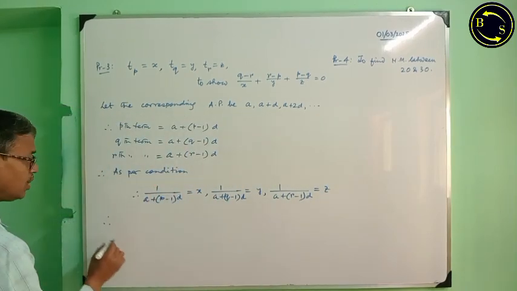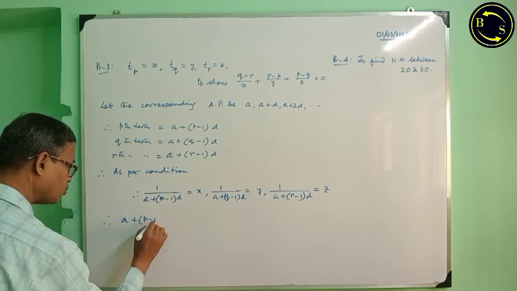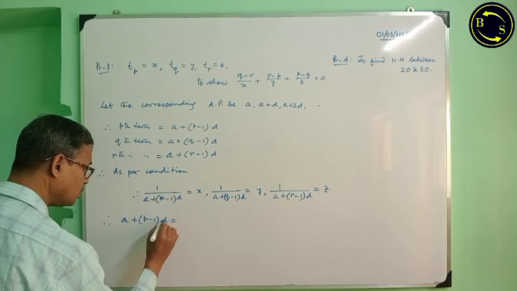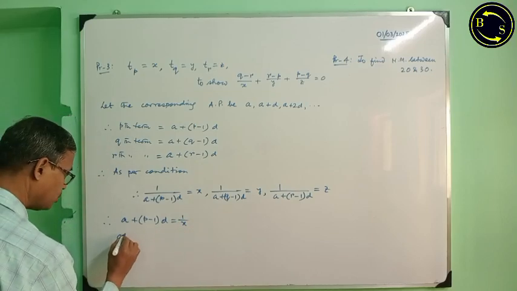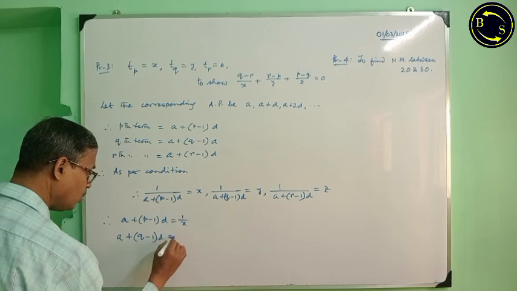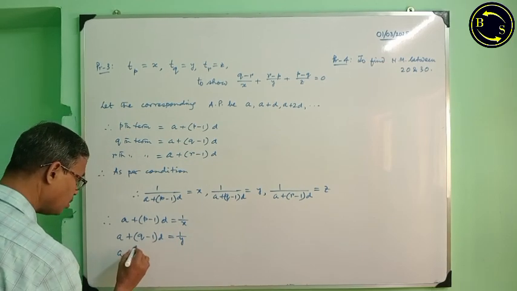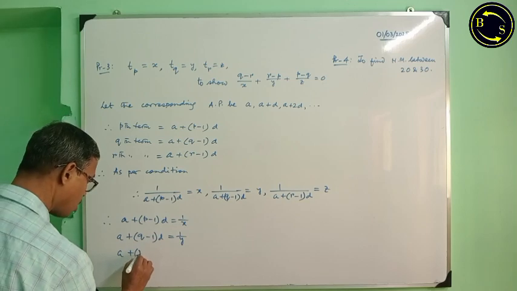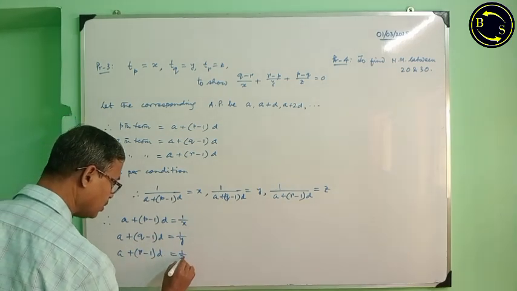Therefore, we get three equations: a plus (p minus 1) whole into d is equal to 1 by x, a plus (q minus 1) whole into d will be equal to 1 by y, a plus (r minus 1) whole into d will be equal to 1 by z.